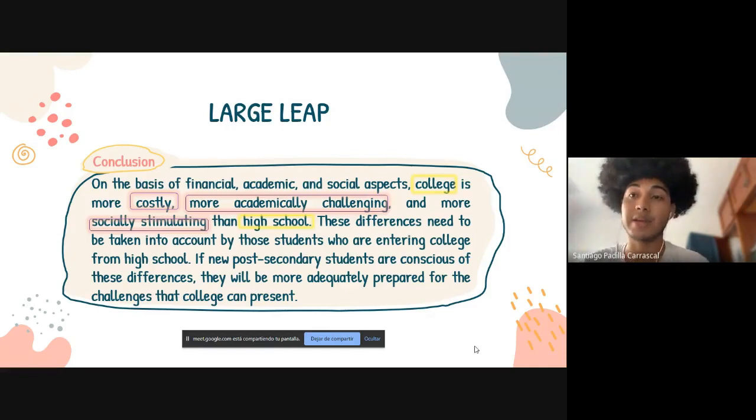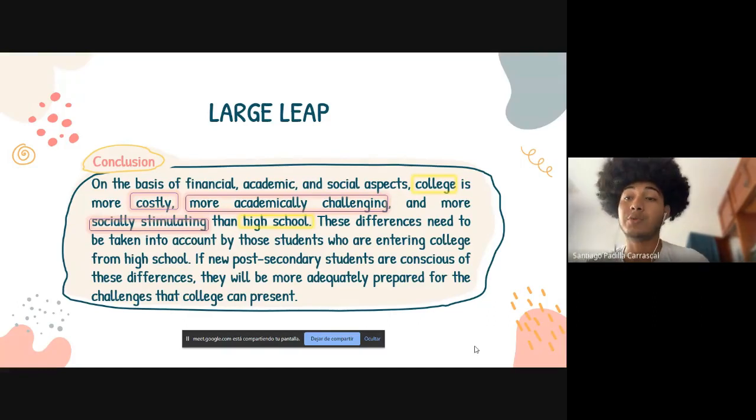This paragraph is the conclusion, and is where the author can write about their opinion, or give a suggestion, or even a prediction. And here we have, on the basis of financial, academic, and social aspects, college is more costly, more academically challenging, and more socially stimulating than high school.